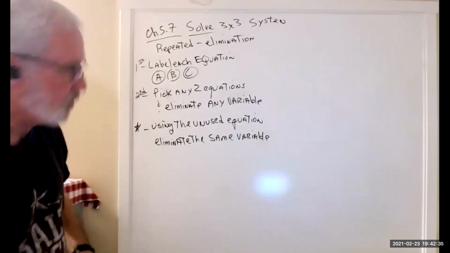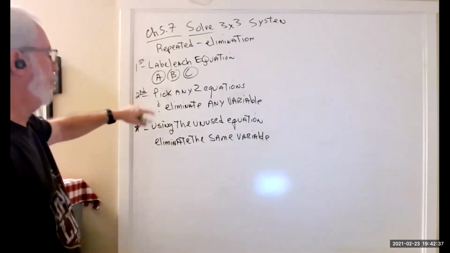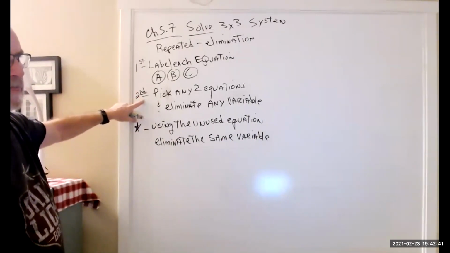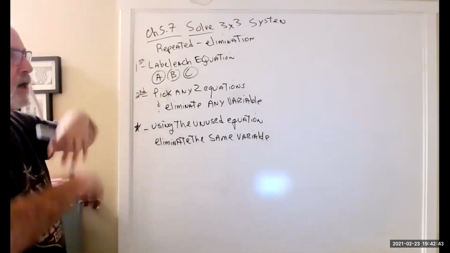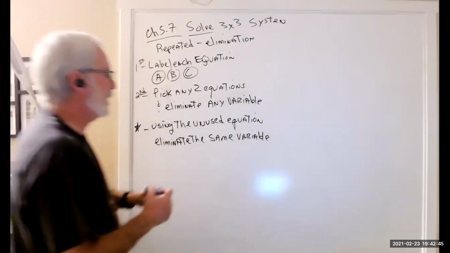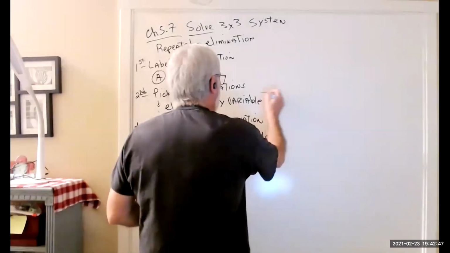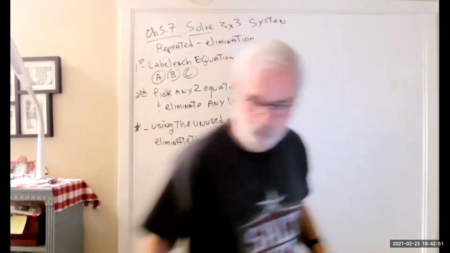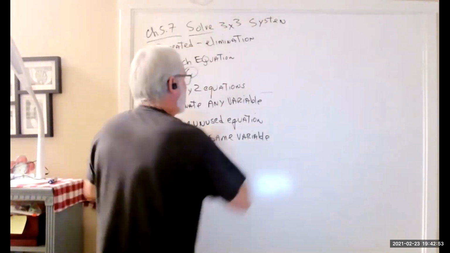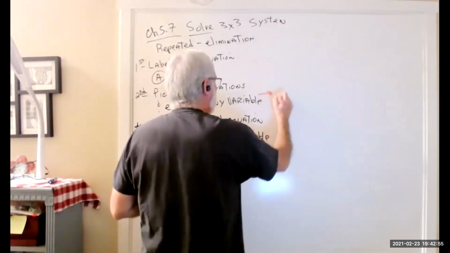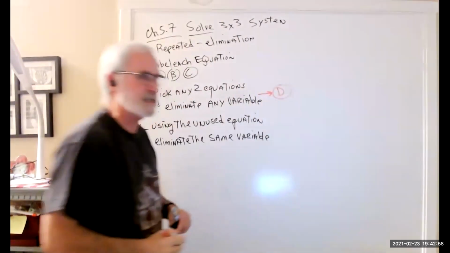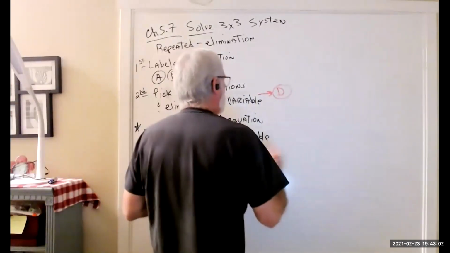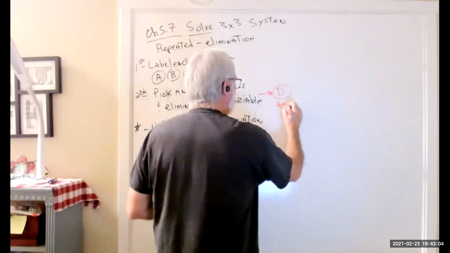When you do step number 2, it will create a brand new equation that we will call D, and D should be just 2 variables.